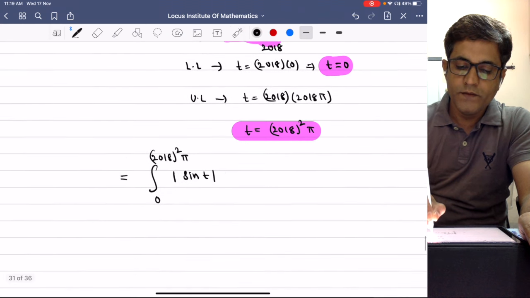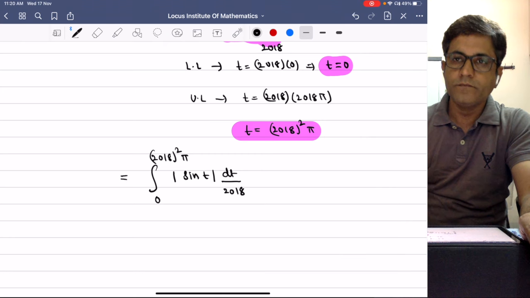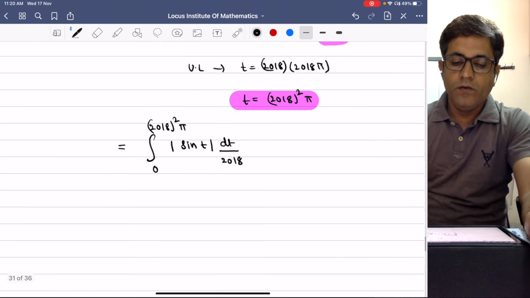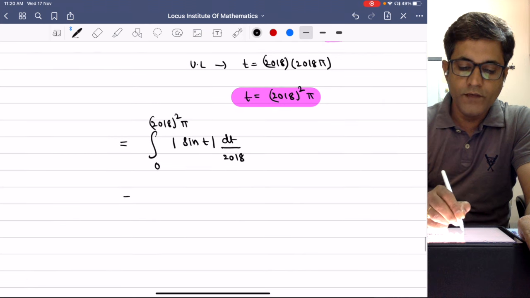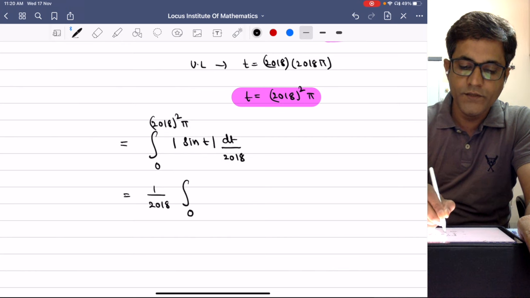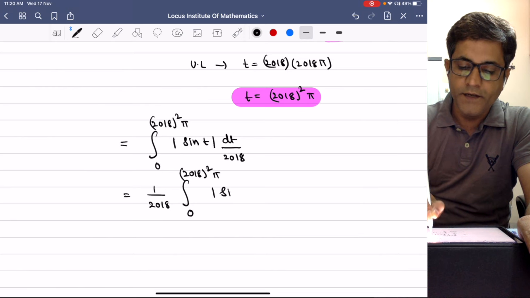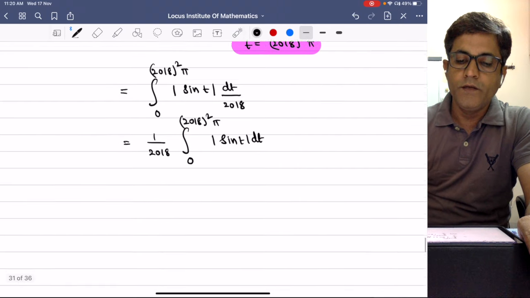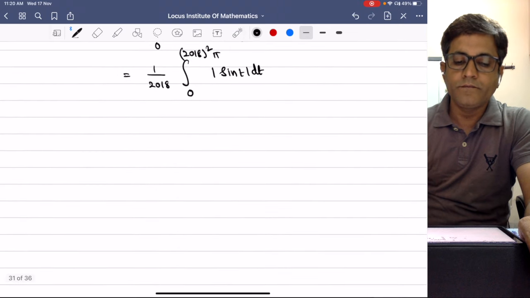Now you take out 1 by 2018 outside. Therefore this is equal to 1 over 2018 times the integral from 0 to 2018 squared π of |sin t| dt. Now we need to solve this integral.